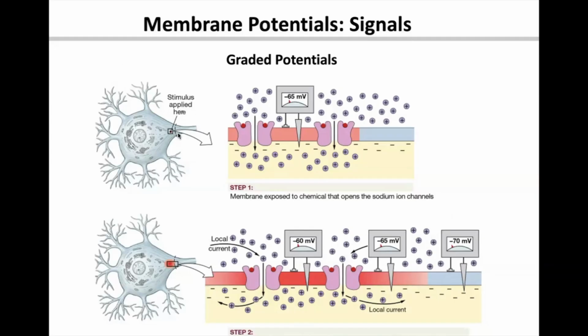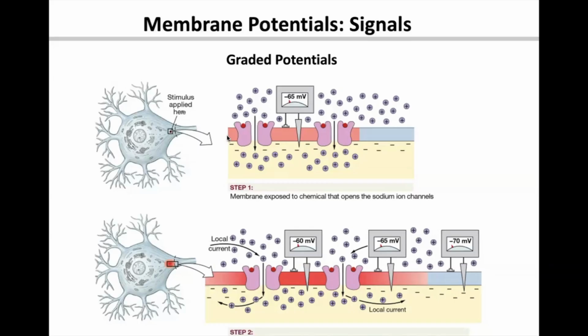Now, if you look in here, one important piece of information to see is that these are dendrites, right? And these dendrites are receiving information from another neuron. It can be a pressure, it can be neurotransmitters, and the stimulus actually can be very local at one point and die out.